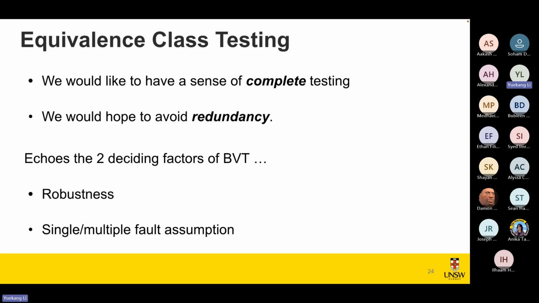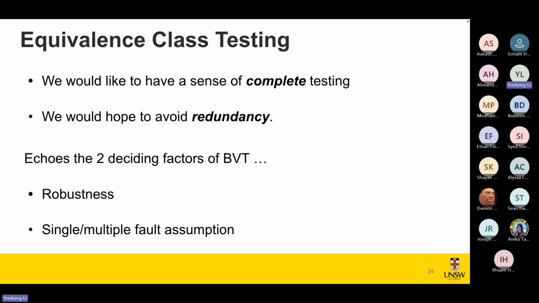In equivalence class testing, we echo the 2 deciding factors of boundary value testing. In boundary value testing, we have 4 variants. We have normal boundary value testing and worst case boundary value testing, which deals with whether parameters can be invalid or not. And we have the single fault assumption turning on and off, which gives us 2 more variants, about whether we allow 2 or more values to take extreme values or not.